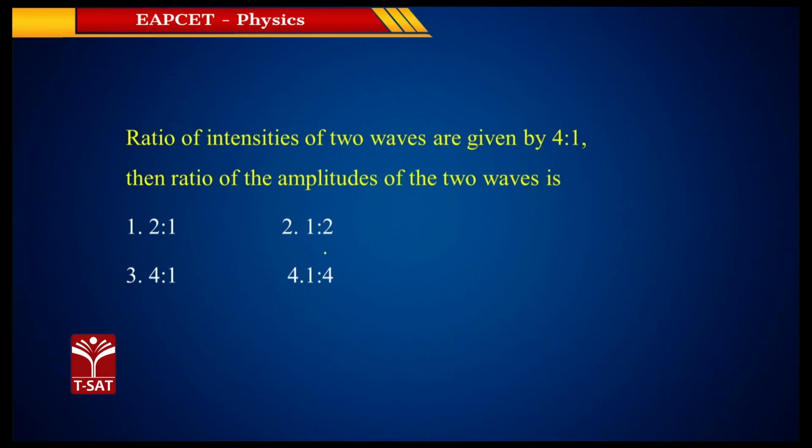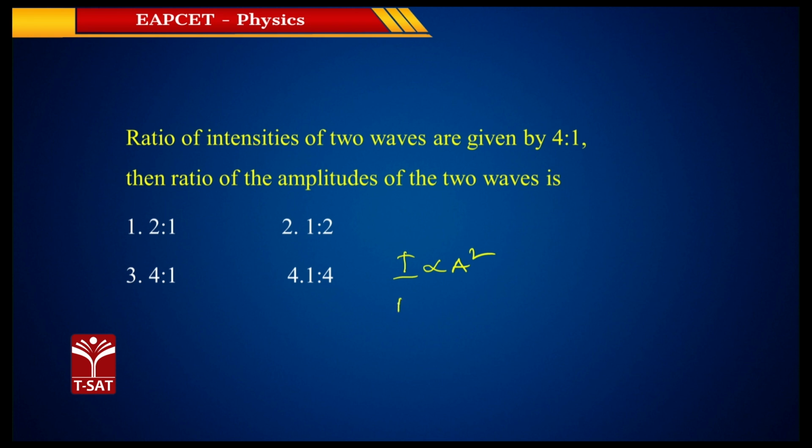Okay, and next, the ratio of intensities of two waves is given by 4:1. The ratio of the amplitudes of the two waves is asked. You know that the intensity is directly proportional to the square of the amplitude.